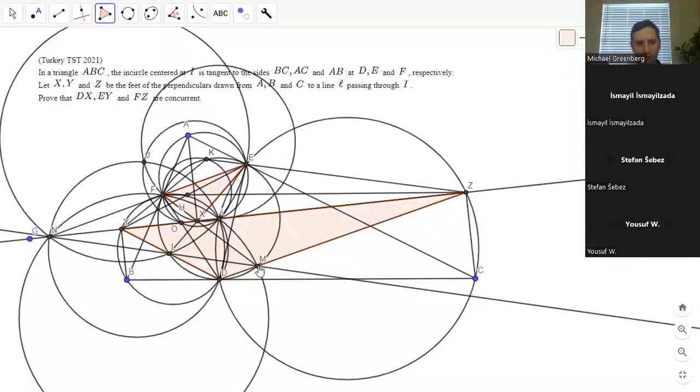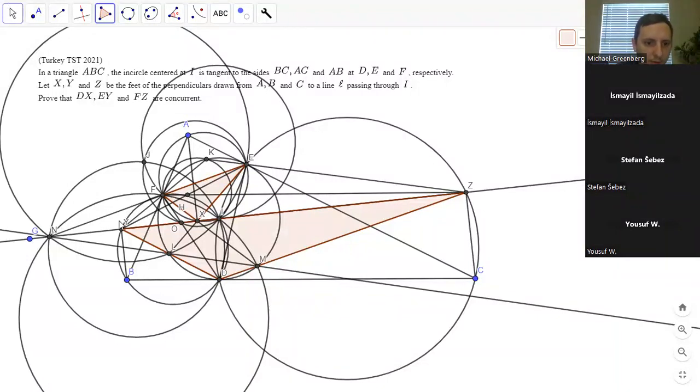Okay, so I think that might work. We just have to start from the beginning and figure out how we want to define everything. So do we want to let N be the intersection of EF with YZ? Do we want to define it that way? Do we want to define it using inversion? I'm not sure yet.